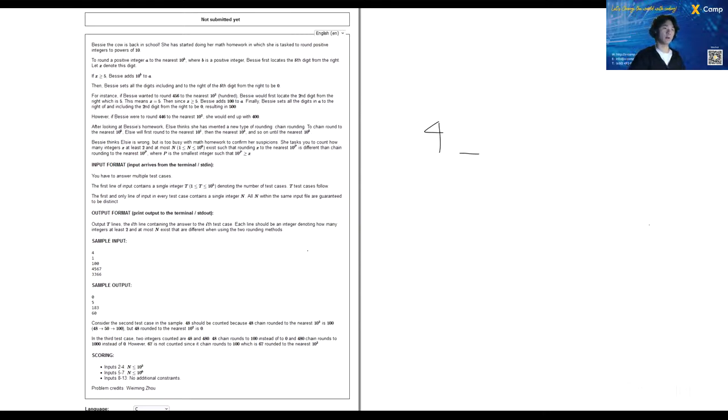So if we have 45, 46, 47, 48, 49, these numbers are supposed to round down to 0, but if you do chain rounding, the ones digit first rounds up, it becomes 50, and the 50 rounds up to 100. So we see here that from 10 to 100, there are 5 numbers, which are the 5 I listed here. So that's the answer for numbers less than 100.